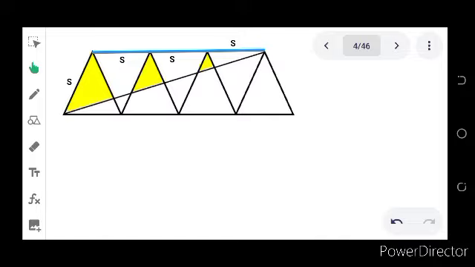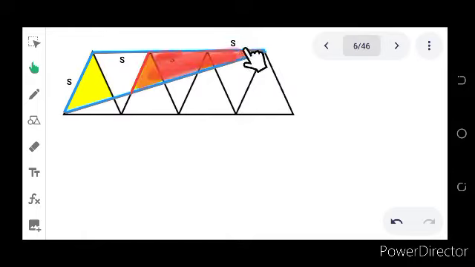Now, as you can see, the yellow triangles are now placed in one figure. So we can establish now the similarity ratio. Look at this big triangle here and this red triangle.